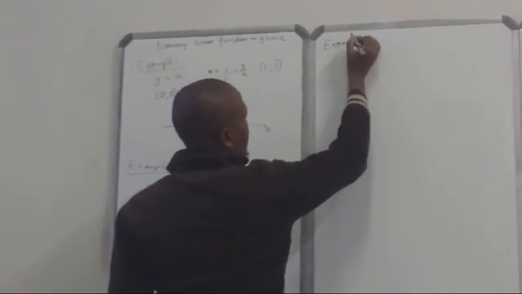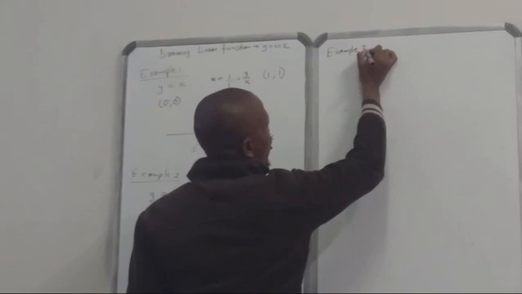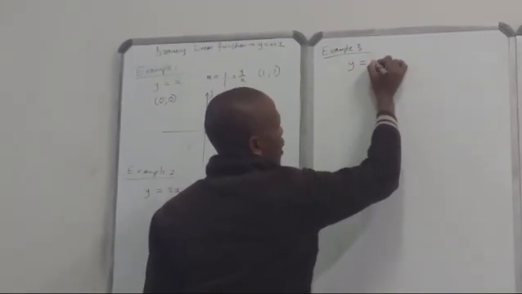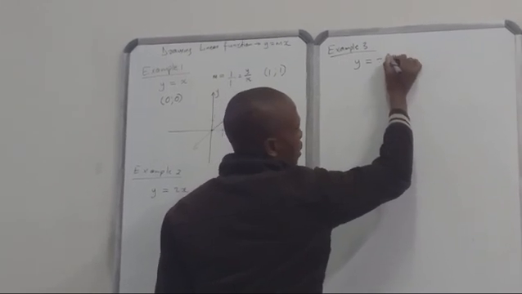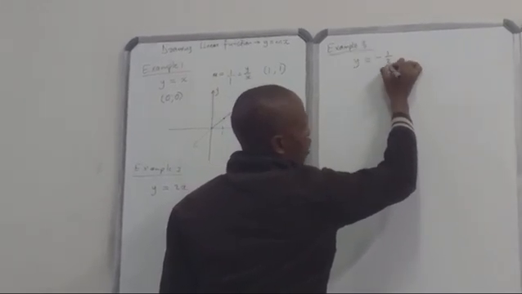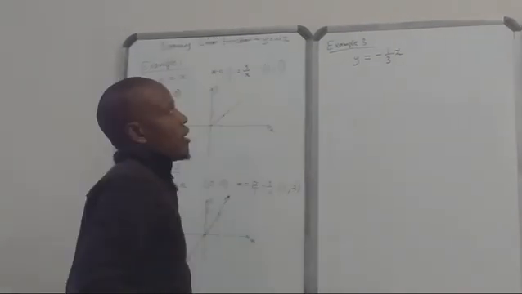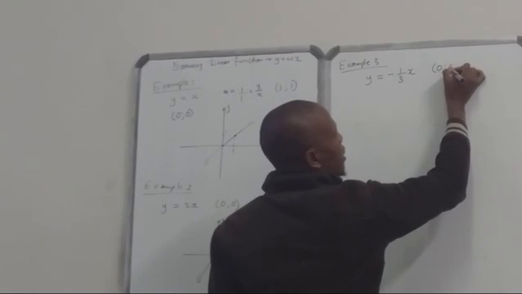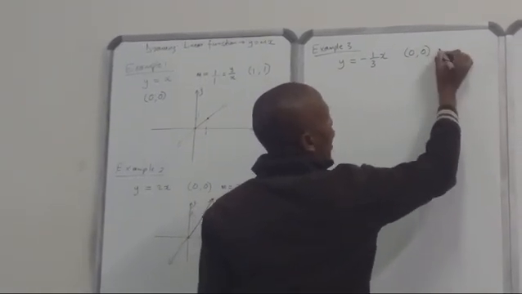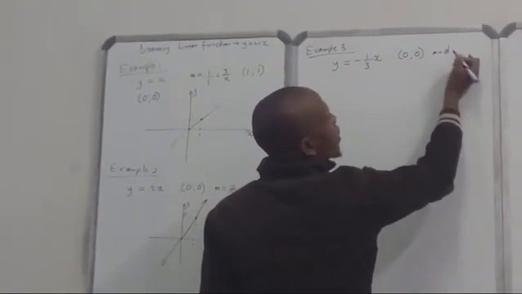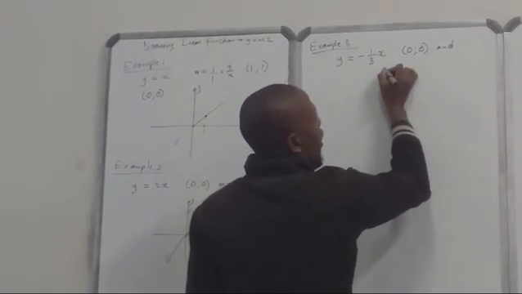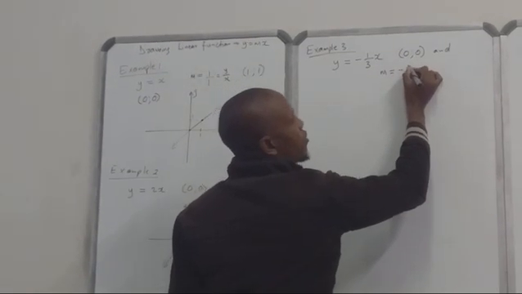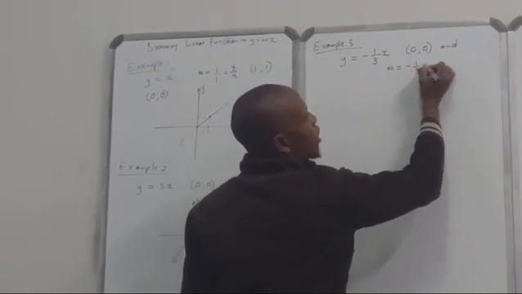Further, give ourselves another one. Example 3. Now let's give ourselves a negative this time. Let's call it negative 1 over 3x. We know our obvious point here is 0 and 0. And our other point, we get it by considering our gradient, which is negative 1 over 3.